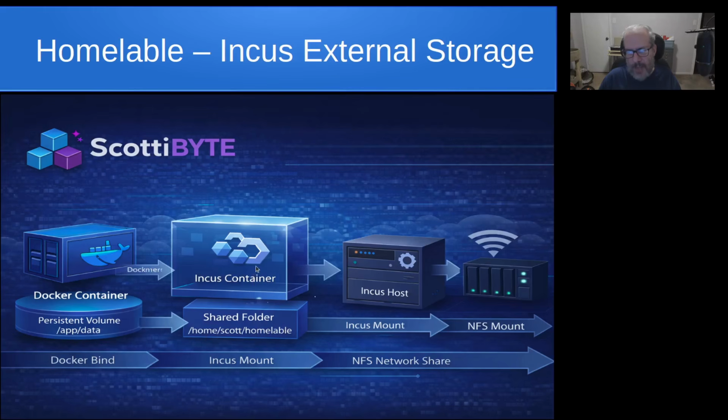And then that's going to be in turn stored up on the Incus host, because it's going to be mapped from the Incus container out to the Incus host on which the Incus container is running. And then in turn, that's going to be NFS mounted on a remote server such as a NAS device.